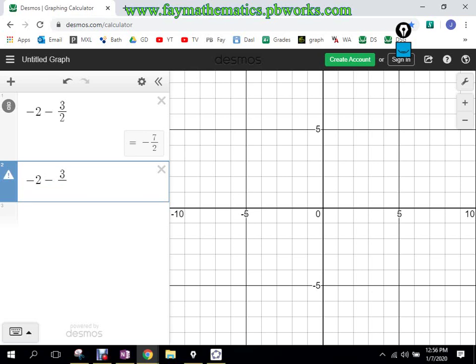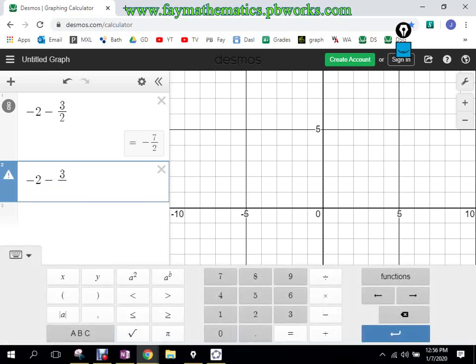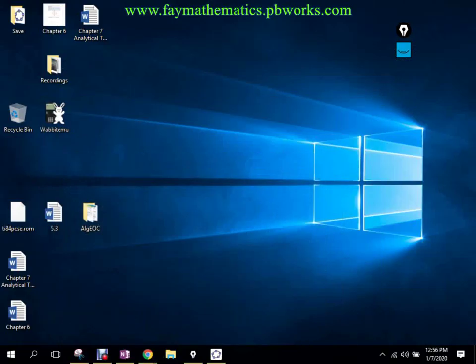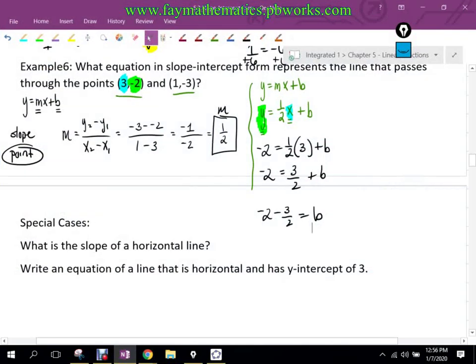If at any time you struggle with finding those hot keys on your keyboard, you should be able to come down here and it's just your division. It'll just create that fraction. But I get -7/2, so b is -7/2.